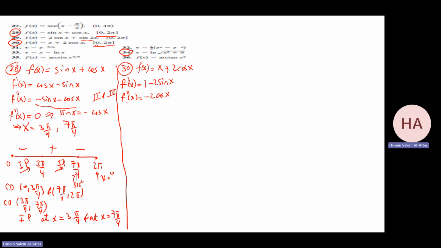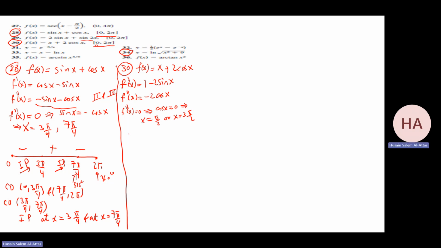Easy one. So f double prime equals 0 implies cosine x equals 0, which happens at x equals pi over 2 or x equals 3 pi over 2.